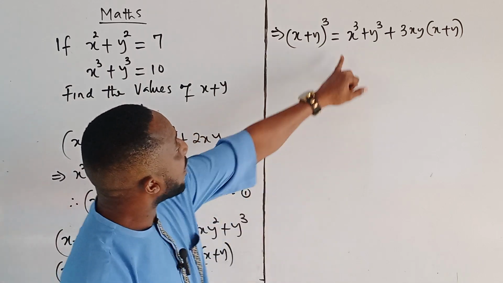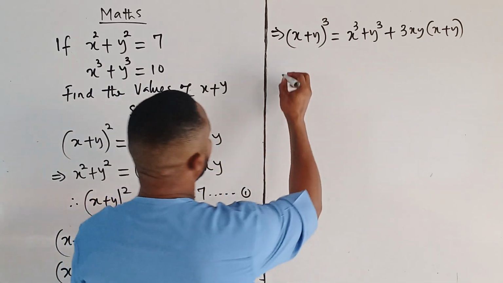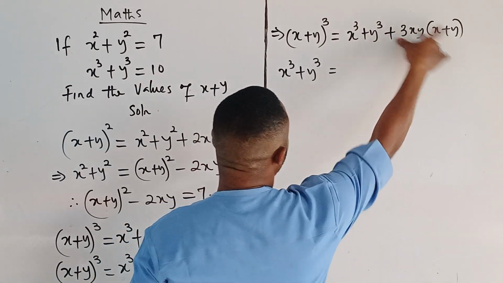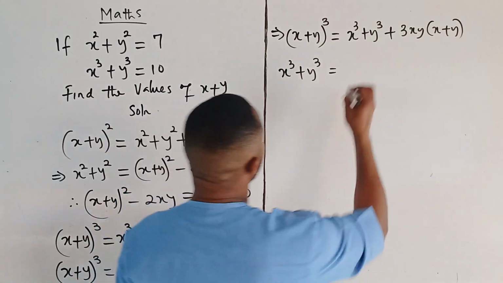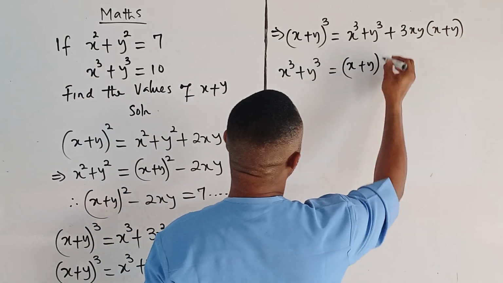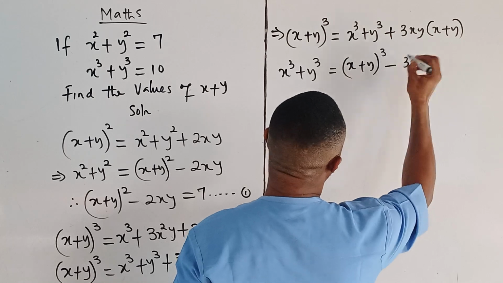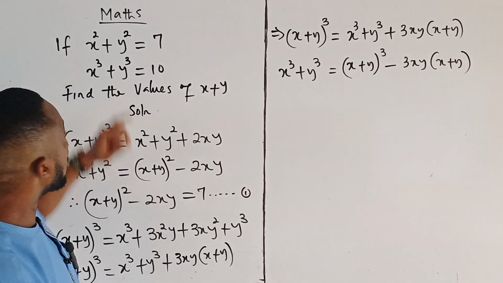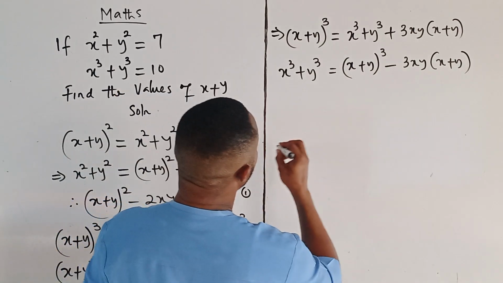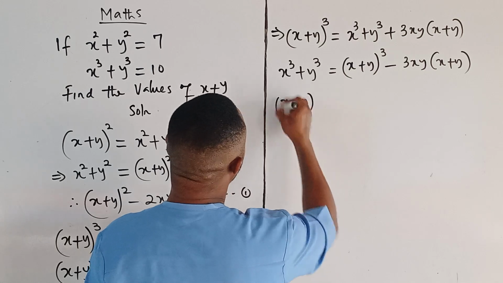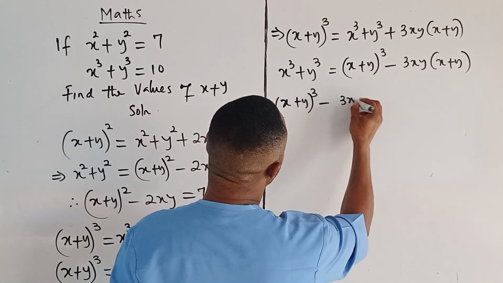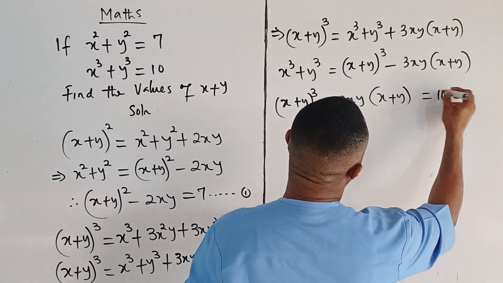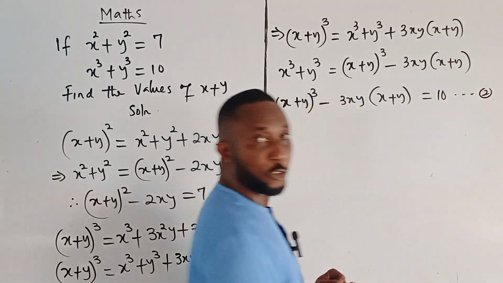Okay, I will isolate x cubed plus y cubed. I will take these two terms to the other side. So x cubed plus y cubed becomes x plus y all cubed minus 3xy into x plus y. Like I said, x cubed plus y cubed is 10. So I'll then have x plus y all cubed minus 3xy into x plus y equal to 10. This is my equation number 2.